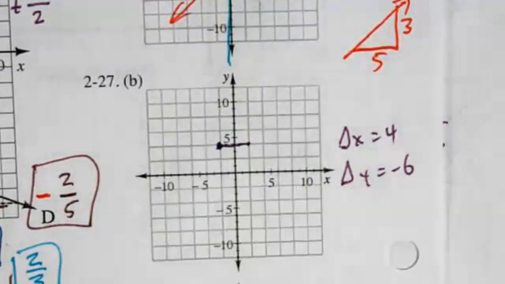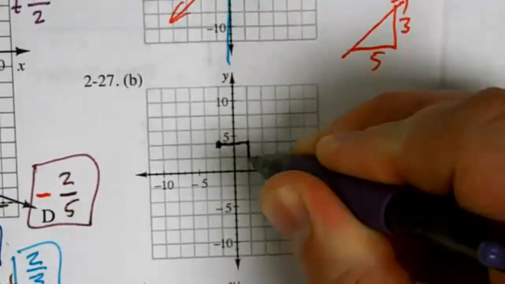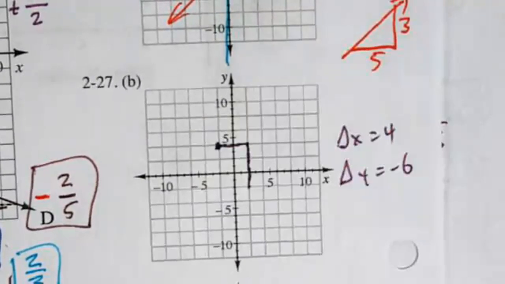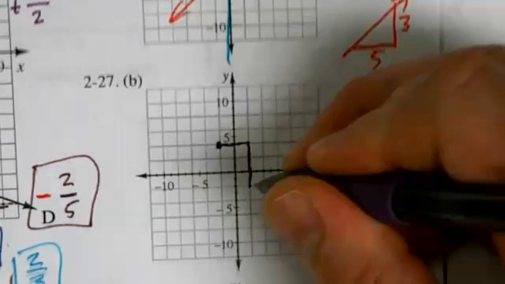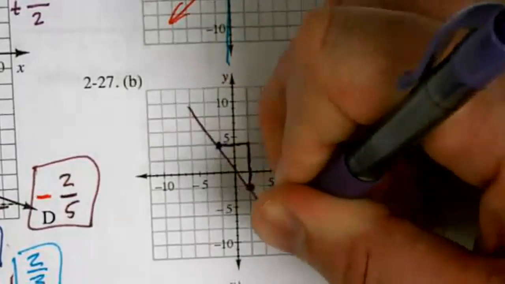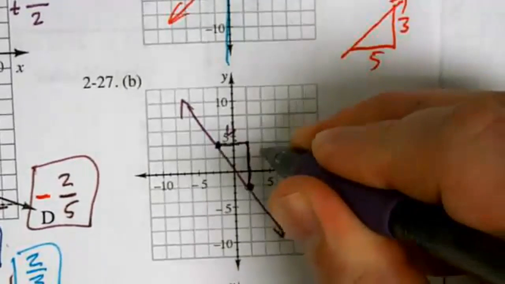Y is up and down, but if it's -6, that should be going down by 6. So I'm going to go 1, 2, 3, 4, 5, 6, which gets me down to there. And there's my new point. That creates the two sides of my slope triangle. So we've gone over 4 and down 6.